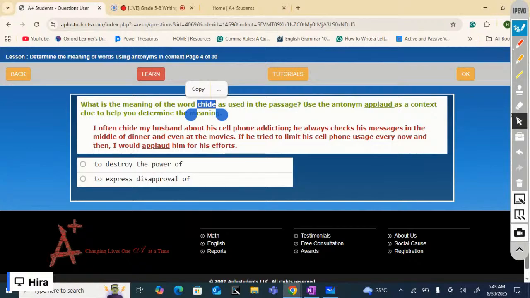The meaning of chide is to express disapproval of. So I often express my disapproval of my husband's cell phone addiction because applaud is the opposite. Applaud means to appreciate or to acknowledge. So it's the opposite.